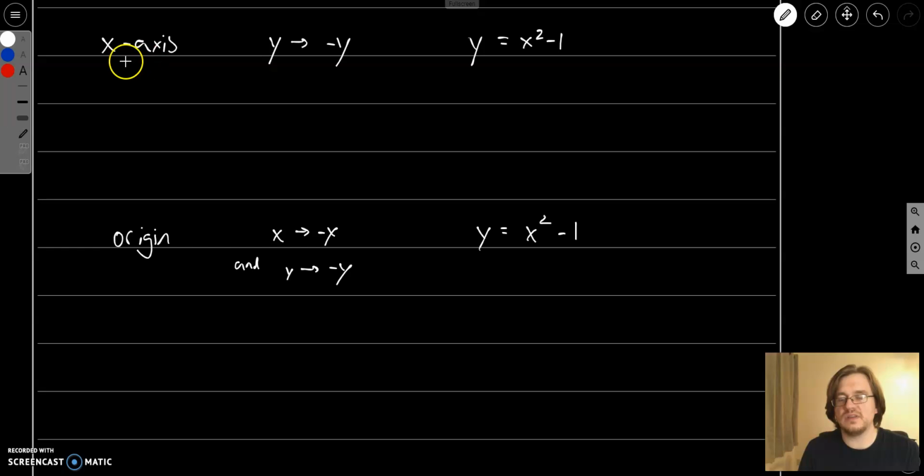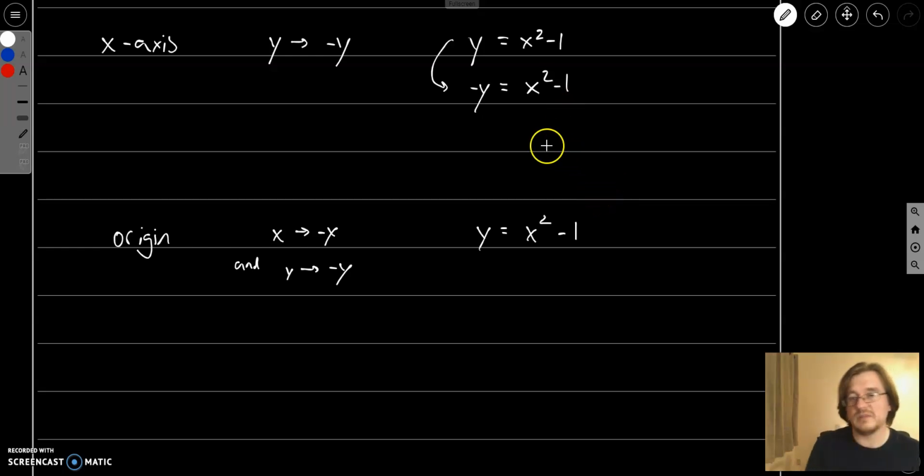We should check more as well. With the x-axis, we will look at whether or not this is symmetrical about the x-axis, meaning if we exchange the top and bottom, so up and down. So we'll exchange y with negative y, and look to see if we get the same equation.